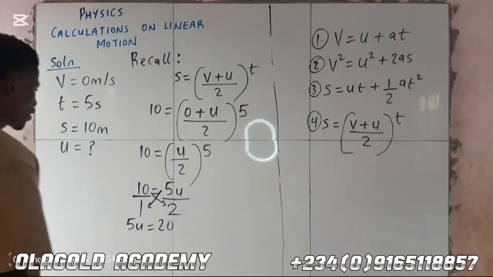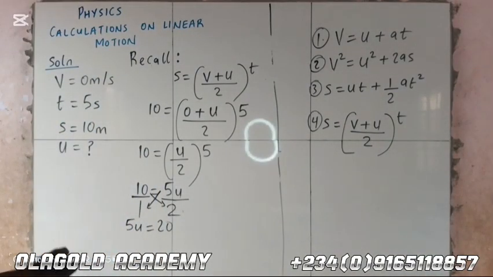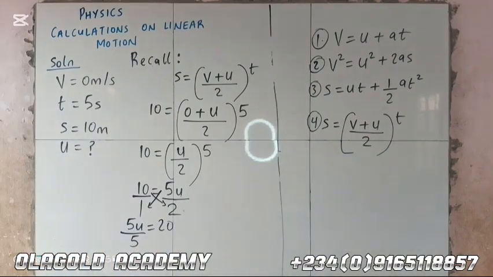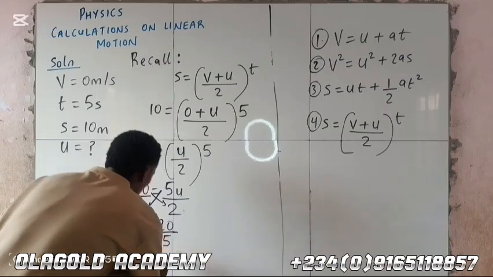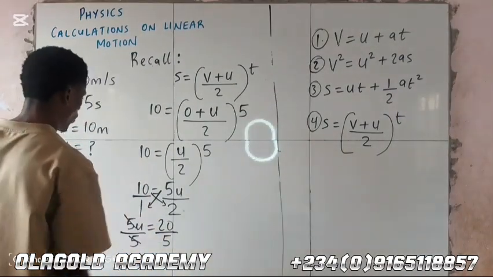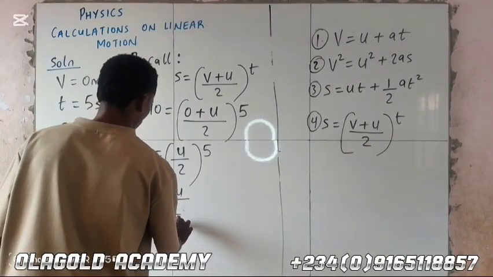From here, what do we do? We divide both sides by the coefficient of u, which is 5. So 5u over 5, and 20 over 5. 5 divided by 5 is 1, and 5 divided into 20 is 4.